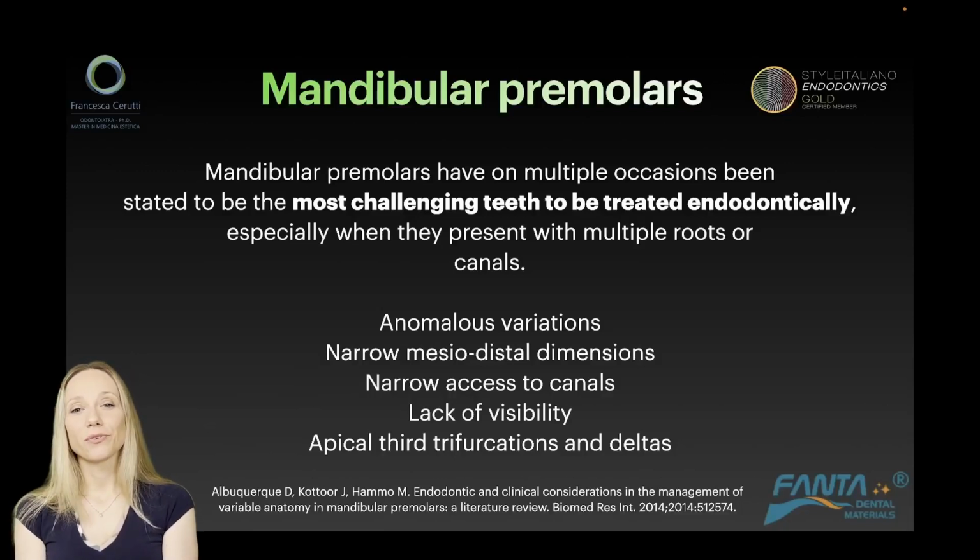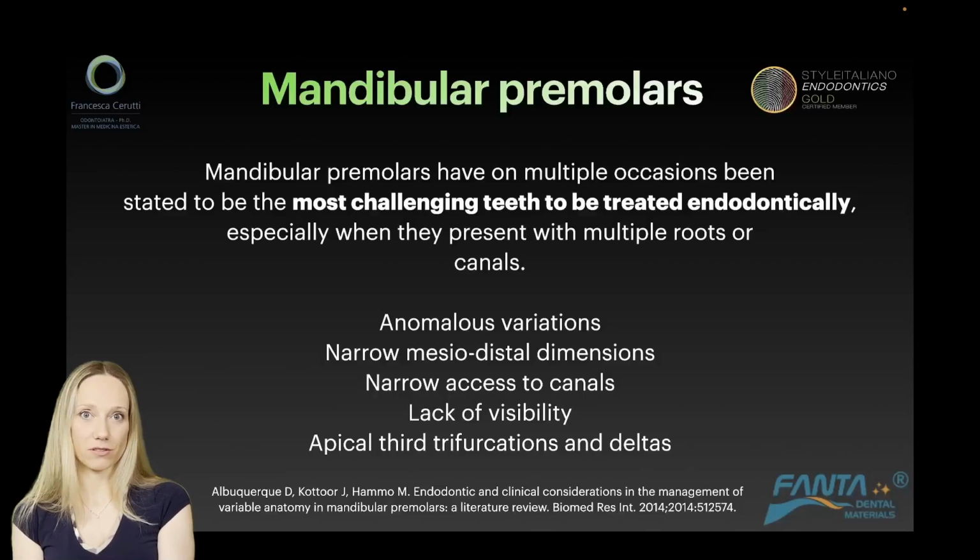Why are they so difficult? Because they have a lot of anatomical variation. They can change broadly. They also have a narrow access to the root canals and a narrow mesiodistal dimension. So for us, it's extremely difficult to see what we are doing, which is the first main problem in endodontics, because how can I treat something that I do not see properly?